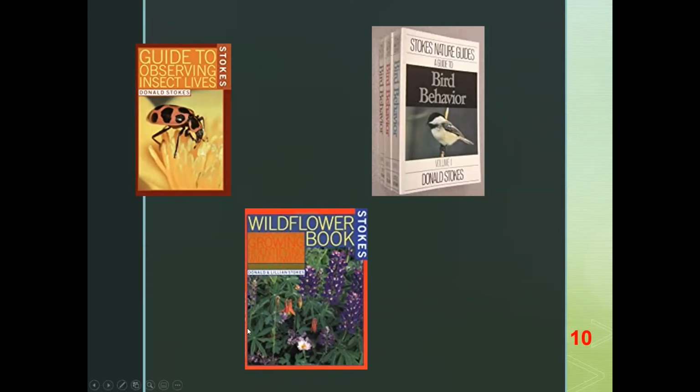And they have a whole series of books focused on different aspects of the environment, from wildflower books that can help you place the right plant in the right place in your landscape, guides on insects and a wonderful 3-volume set on bird behavior.